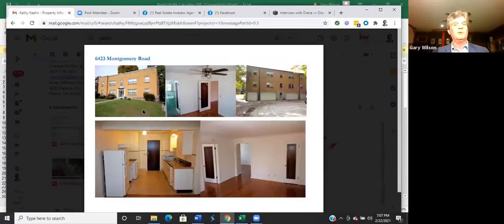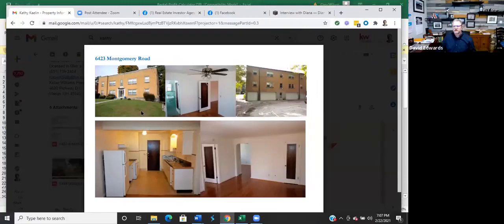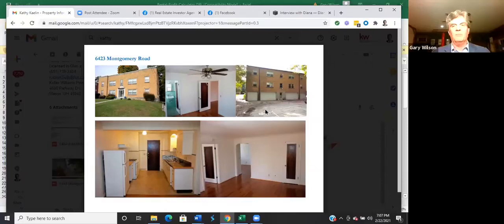And it looks like the lawn's been cut. That's about it. Dated. It'd be very easy to dress it up. Dated, yep. David, go ahead. It'd be very easy to do a little bit of work to it and make it look a lot nicer. Yep. So you're both right.